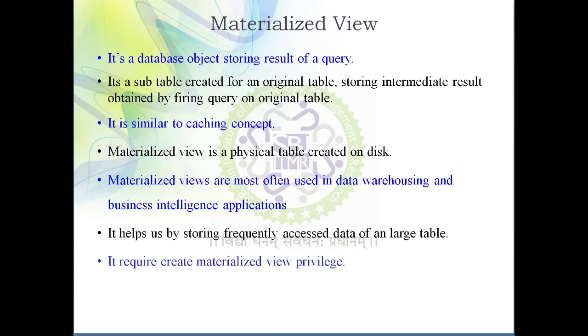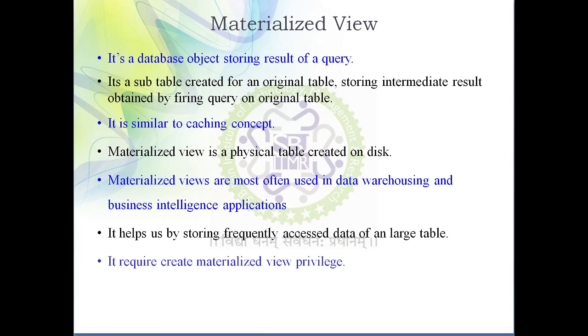Again I say that it is similar to the concept of caching. If you are aware of the concept of cache, what is cache memory? In cache memory we store the particular items which we require very frequently. Why is cache memory given in your computer? Generally you use cache memory when you are doing a particular computation and require a particular value again and again, so that value is stored temporarily in the cache memory.